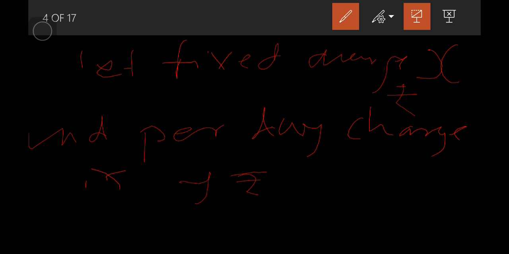If she paid for 20 days, means 1 day is fixed and the remaining 19 days are per day.